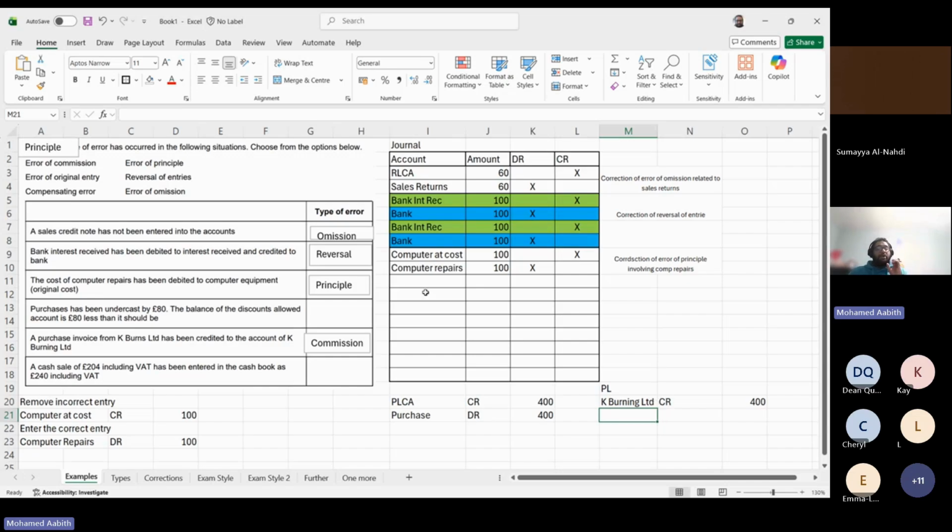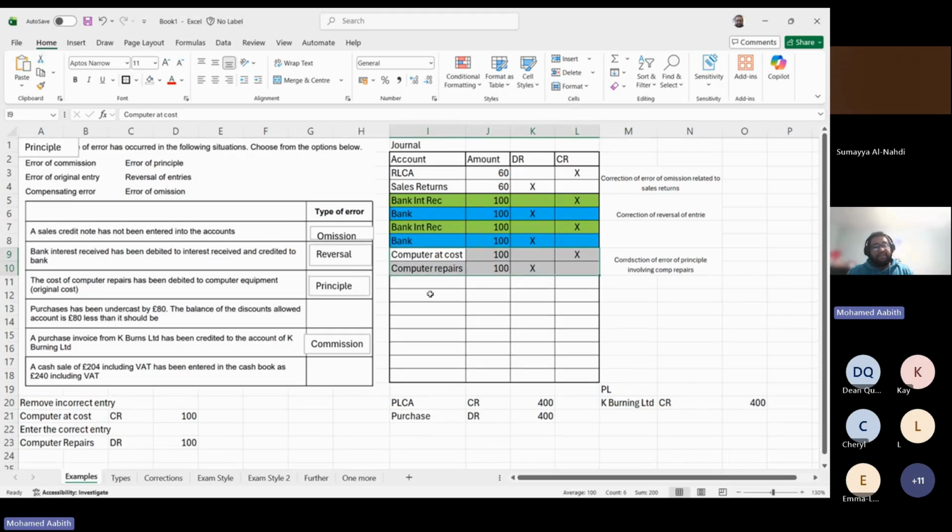But how are we going to make an entry correcting this error? If I'm going to correct this error, the first thing you need to acknowledge is that we cannot write the subsidiary accounts in your journal. You still have to identify which general ledger account is affected by this. In this scenario, it is PLCA. So we're going to debit PLCA by £400.